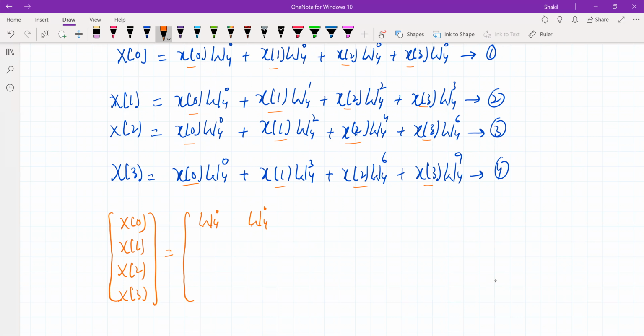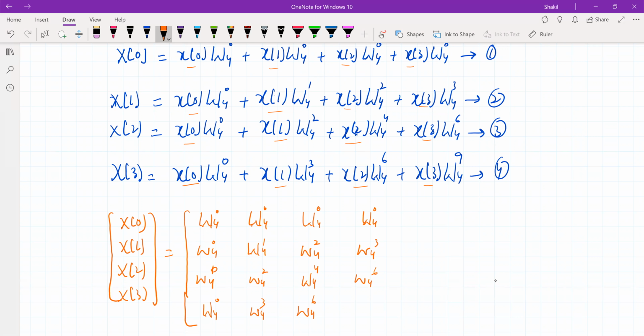The first row is W4 to the power 0, W4 to the power 0, W4 to the power 0, and W4 to the power 0. The next row is W4 to the power 0, W4 to the power 1, W4 to the power 2, W4 to the power 3.